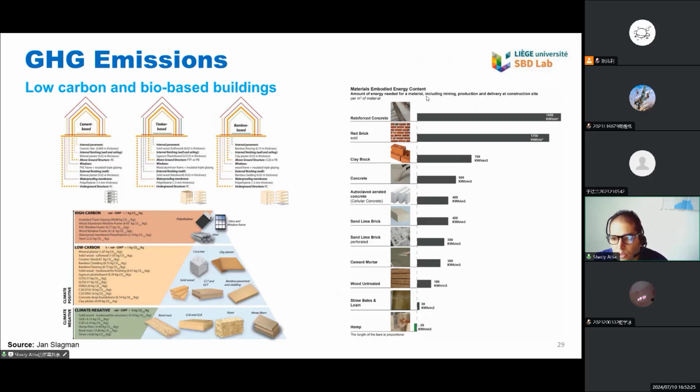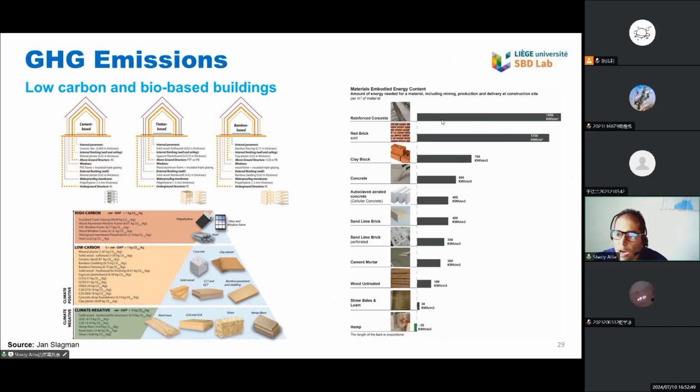Let's look first on the graph on the right side. The material's embodied energy content is very high in the reinforced concrete, in the brick, in the clay, concrete, any autoclaved aerated concrete has a high energy content, sand lime brick, cement mortar.